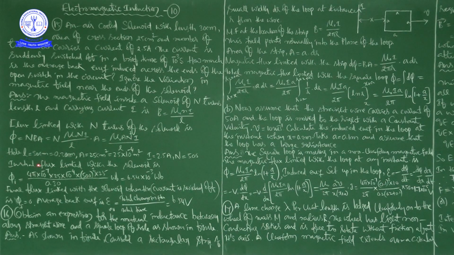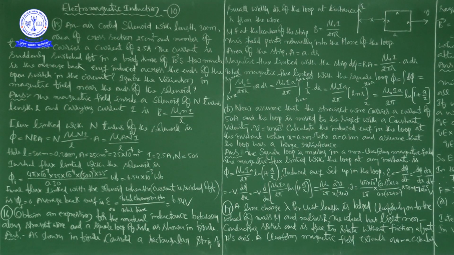Here L is equal to 30 centimeters, that is 0.3 meters, A is equal to 25 square centimeter, that is 25 into 10 to the power of -4 square meter, I is equal to 2.5 amps, N is equal to 500.